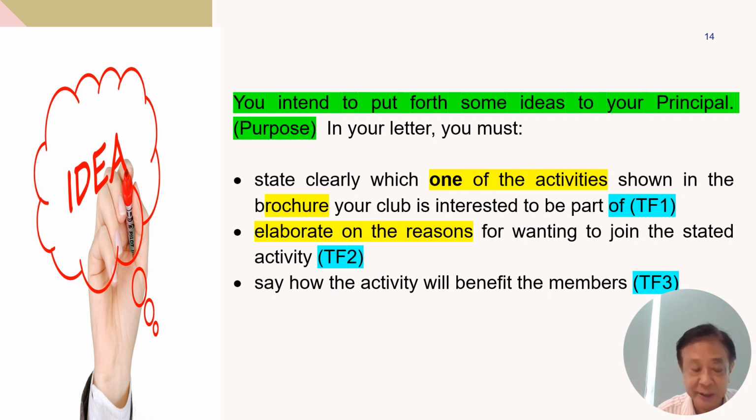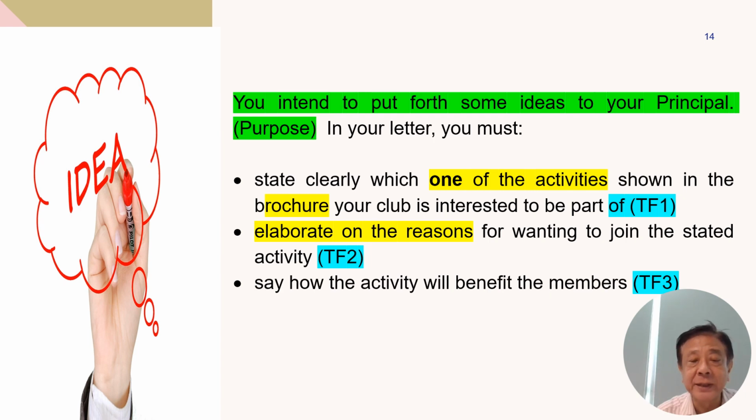First bulleted point, TF1, which activity shown in the web page your club is interested to participate in, right? Why your club is interested to join the stated activity, and how participating in the activity will benefit the members.